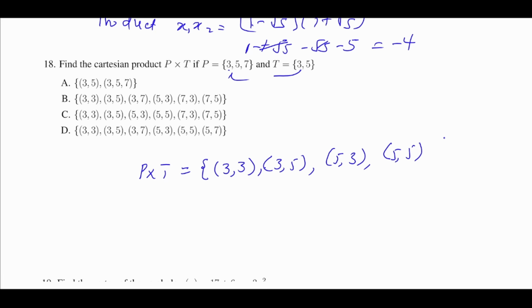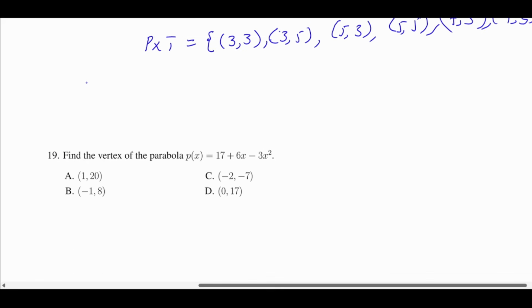Then we have 7 and 3, and then 7 and 5. When we compare this to the options, the answer is C.